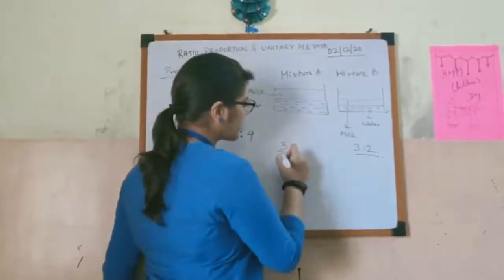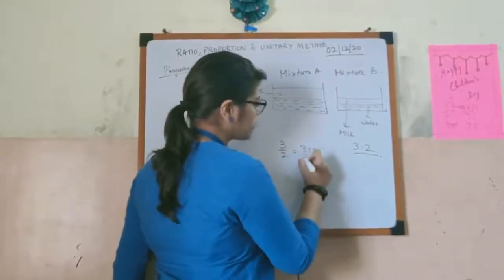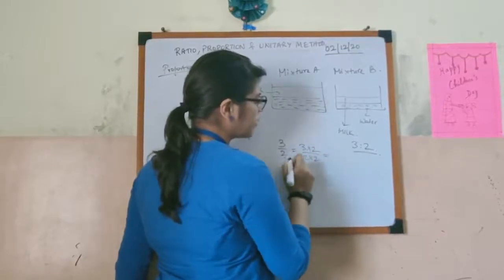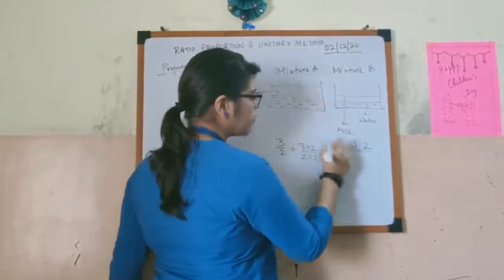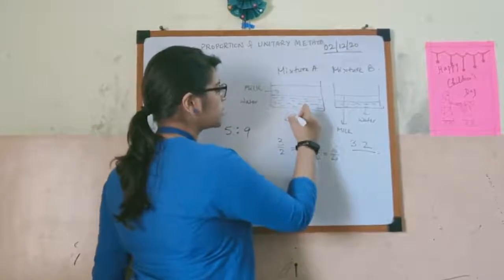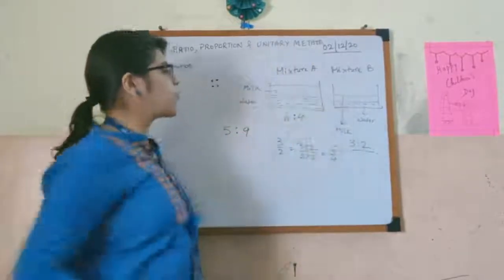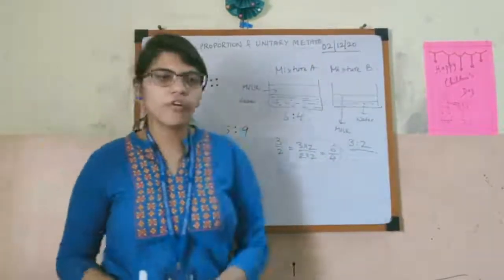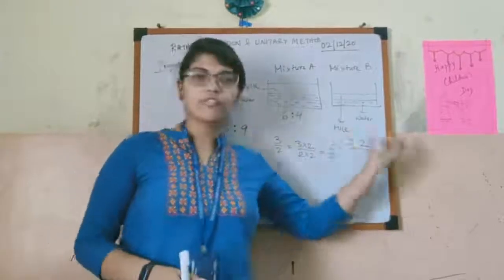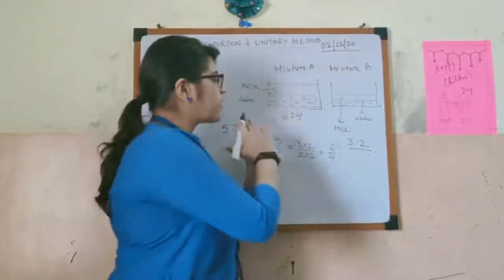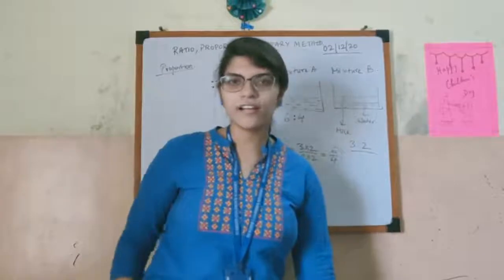So if I multiply both the numbers of 3/2 with 2, what will we get? We will get 6/4. So suppose in this mixture we have milk and water as 6:4 and in this mixture we have 3:2. In this case we can see that both of them are equivalent ratios.